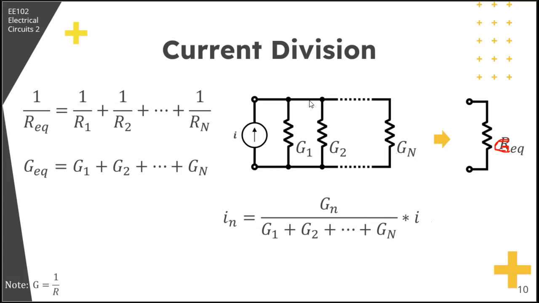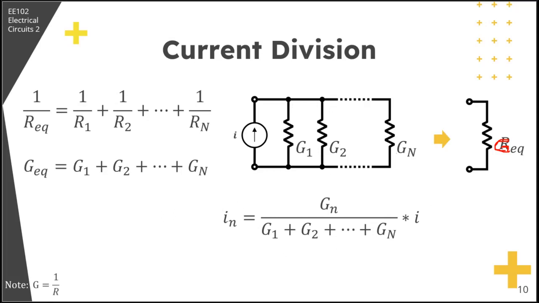Kung makita mo og problem nga naay current source or voltage source, tapos daghan kay nagparallel nga mga resistor, okay, para mas madali ka mag-solve, kuhaon nimo daan ang conductance sa kada isa, then i-apply nimo ang current division.